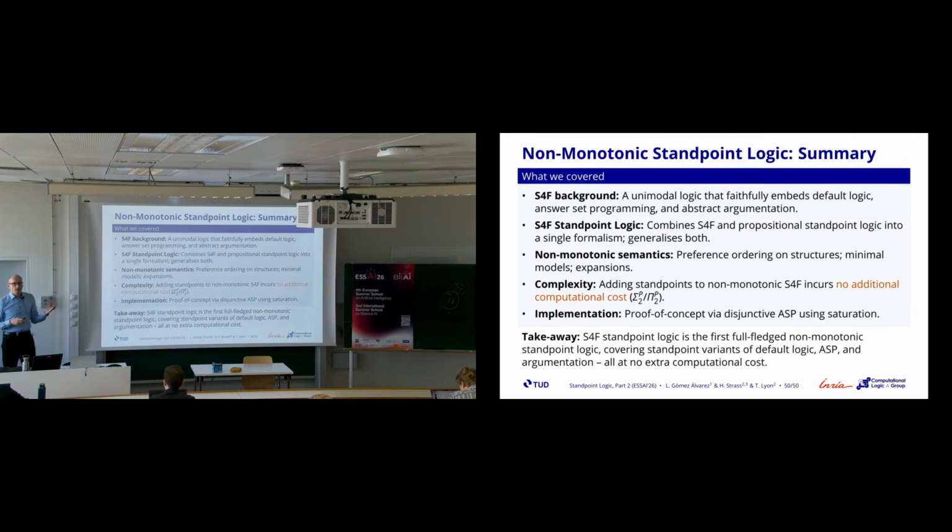Because, as I said, this is not automatic. Typically, we have to look for certain fragments where this actually works. So this concludes the non-monotonic standpoint logic part, and incidentally also concludes the overall course. Are there any questions?